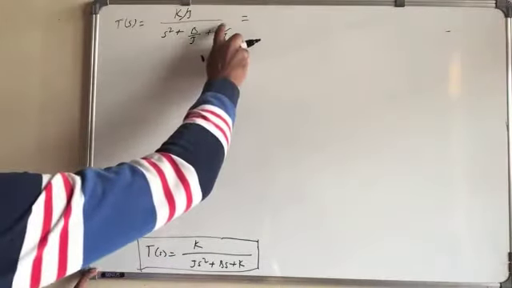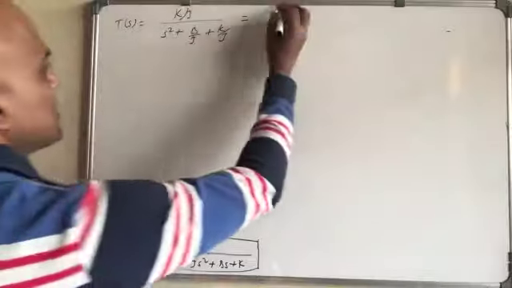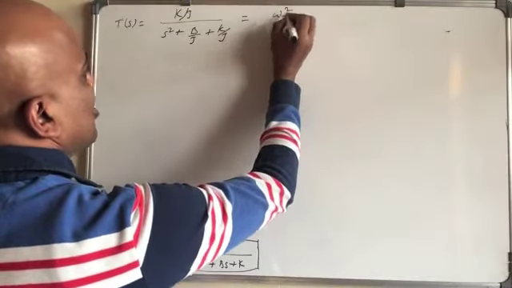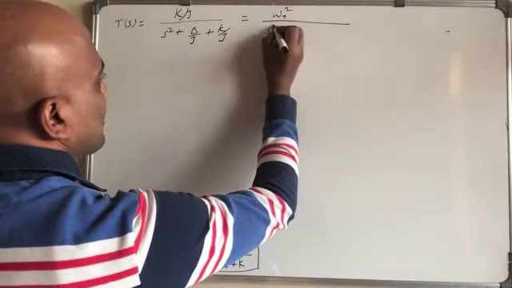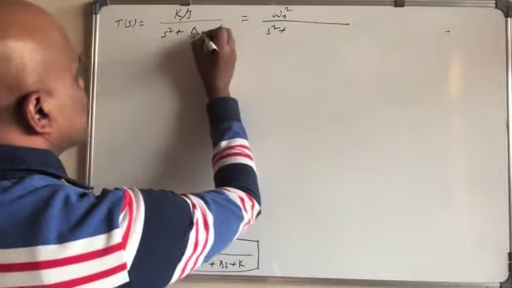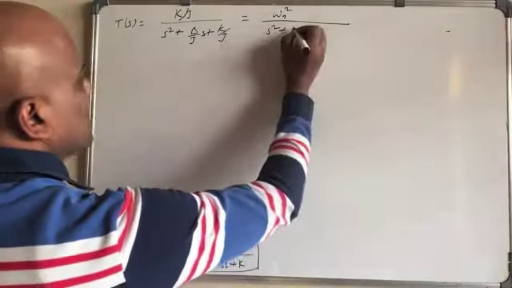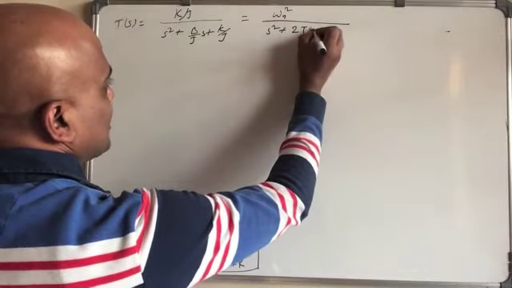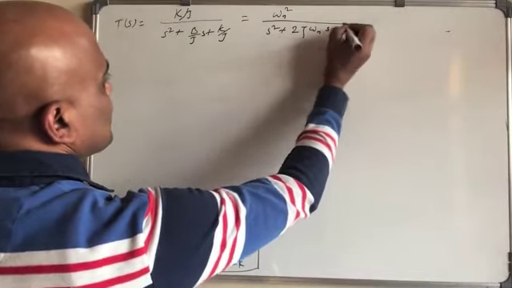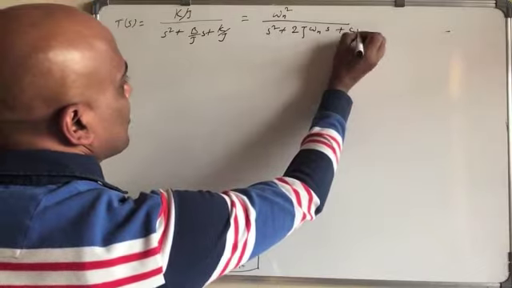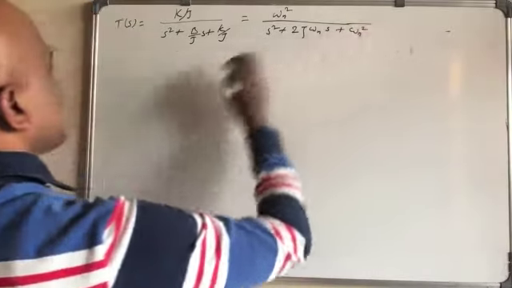And this k we can take as the stiffness. So this becomes simply omega n square, you know already, s square. This will be s. So b over J, you can write as 2 zeta omega n s, and plus you have omega n square. So we can write it like so.